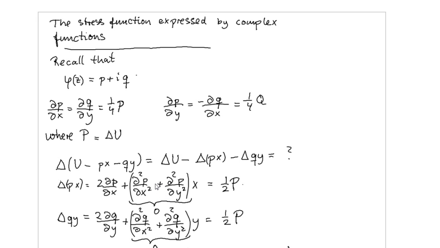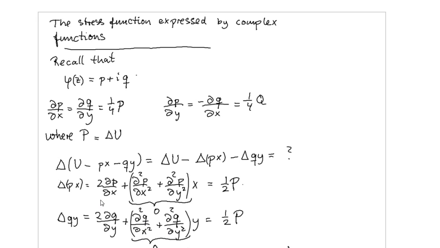But note that the function p is a real part of an analytic function. So a real part of an analytic function is always harmonic, and therefore this expression must be zero. The same for the imaginary part q. It's also a harmonic function, since the total function is an analytic function, so this must be zero also.